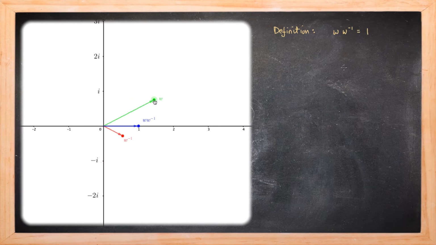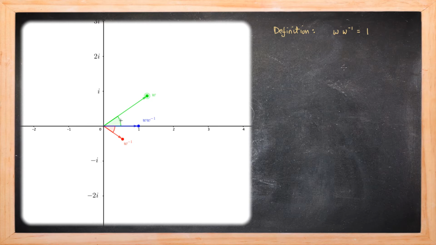So one of the observations we can make, if you look at the angles, the principal arguments of these two complex numbers, w and its reciprocal, they appear to be the same. Now that makes sense because when you multiply two complex numbers together, you add their arguments. And of course, if the result's 1, the principal argument of 1 is 0.